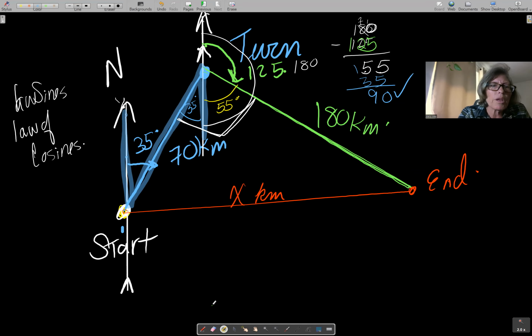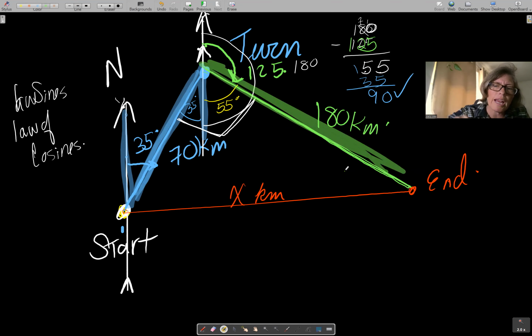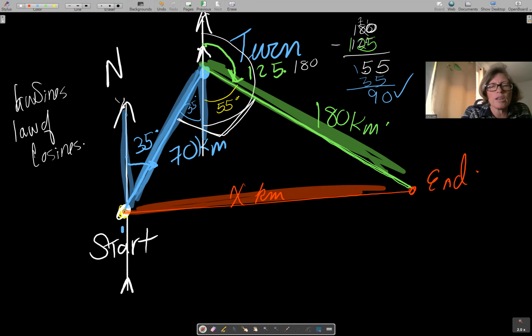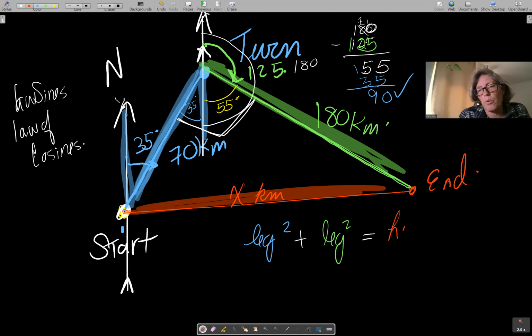So let's take a look at what we have here. Well, we have one length already, which is 70, and we have another length here, which is 180, and we need this third length here. And now we just have a standard Pythagorean theorem of one leg squared plus the other leg squared equals the hypotenuse squared.